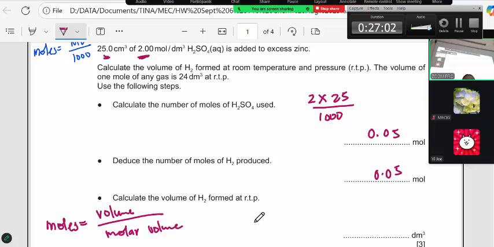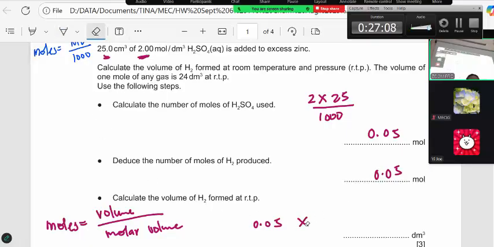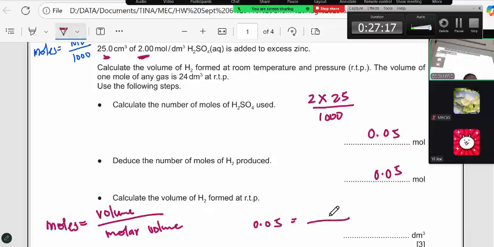So now my amount of moles is 0.05, multiply by 24, because decimeter cube. So you get 1.2, is it?